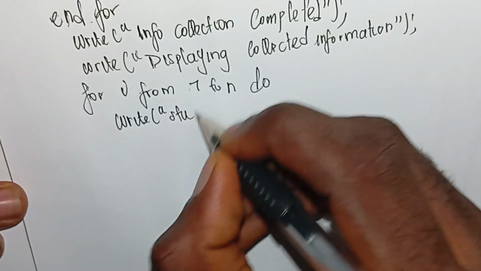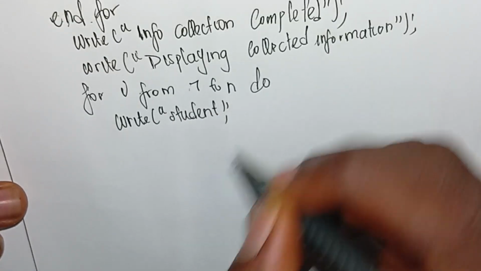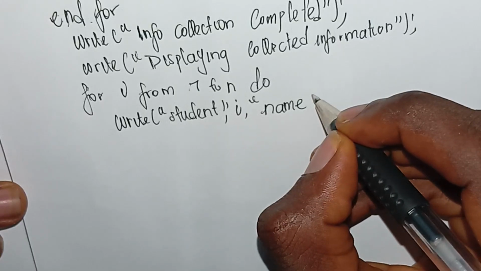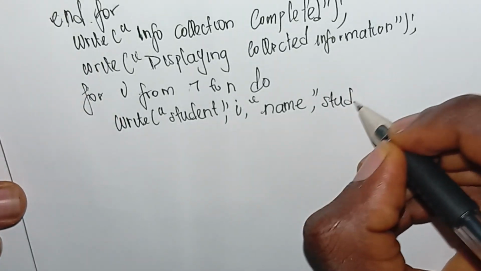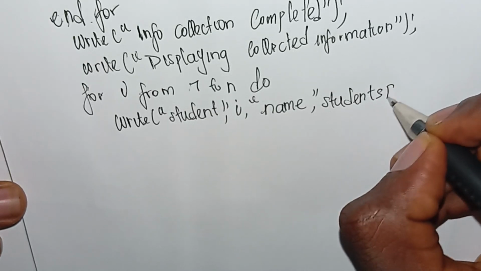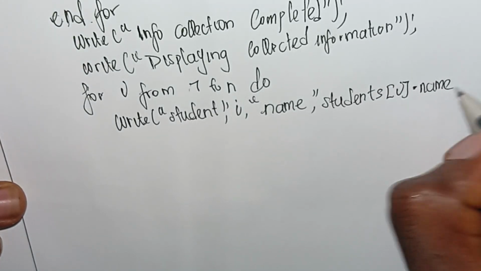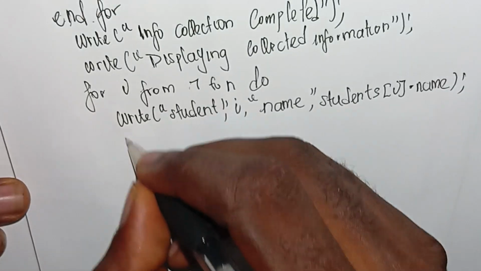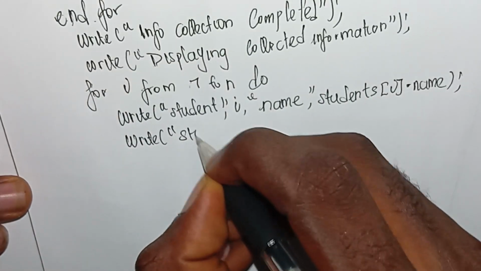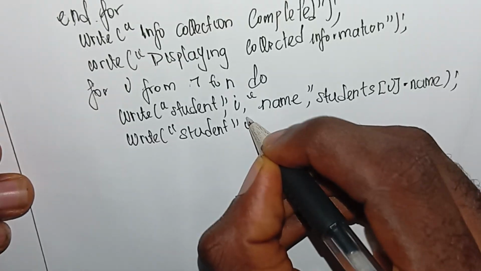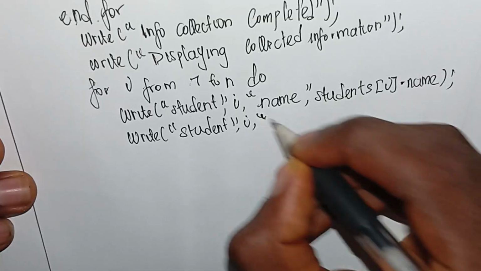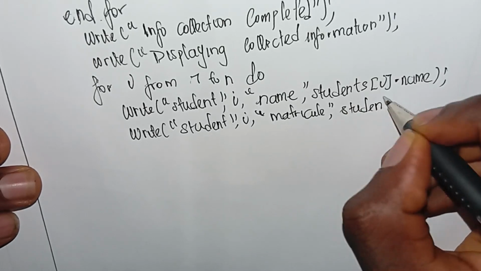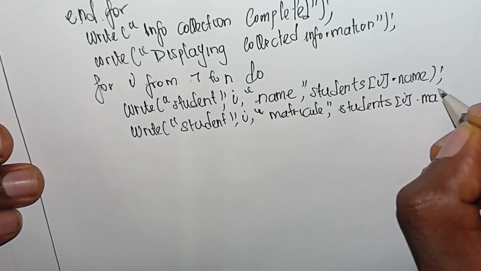Write student, comma, I, comma, name, student at the index of I dot name, right, student at the index of I, comma, matricule, comma, student at the index of I dot matricule.